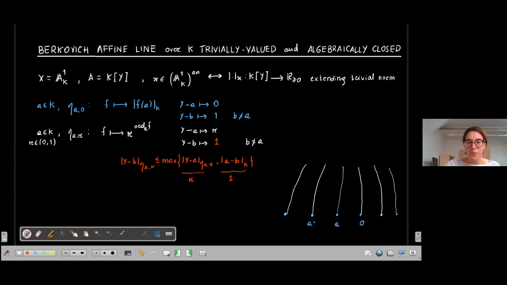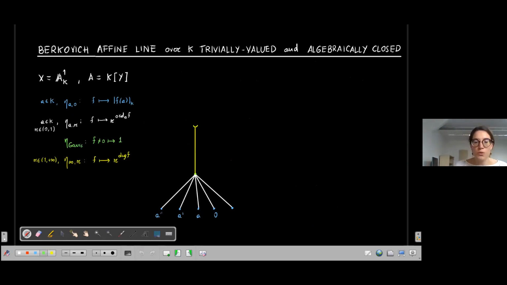And now let's continue to construct points in our Berkovich space. Right now, if you look at the evaluation of y minus a, we send it to 0 in the first case. We send it to r in the second case, but r was strictly smaller than 1. But now we can decide to send it to 1.